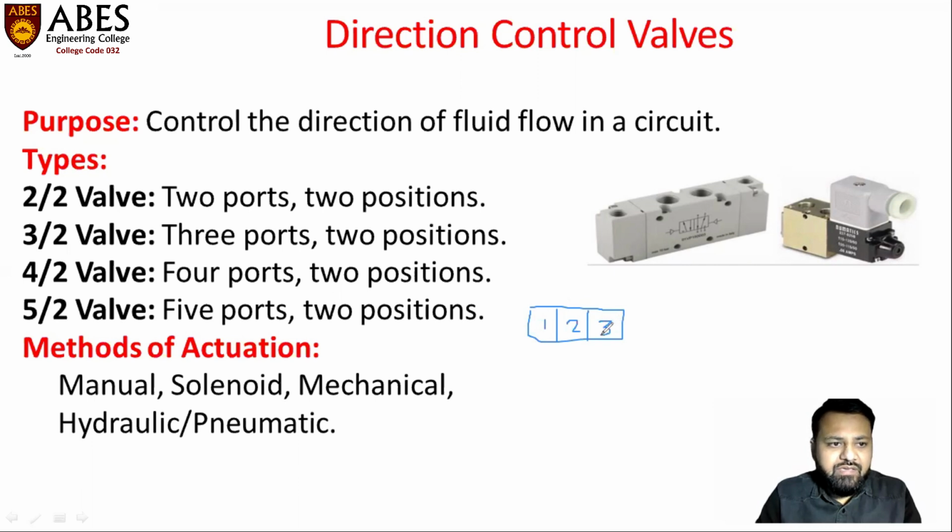So it is a three-position valve. If we are representing three positions, then we have to show three boxes. Here, all of these valves have two positions, so we represent these valves this way, with two boxes, one position and two position.